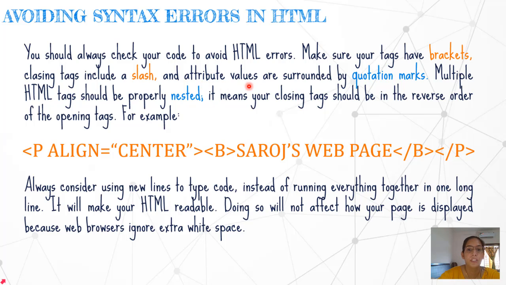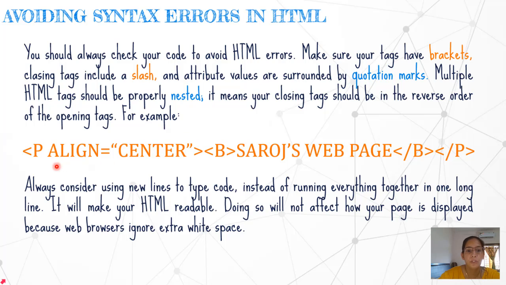For example, font size, font color, or P align equal to center. Make sure the value always comes in quotation marks or double quotes. If we are writing nested tags, the meaning of nested tag is tag within tag. For example, a P tag, and after that I am also using a bold tag.